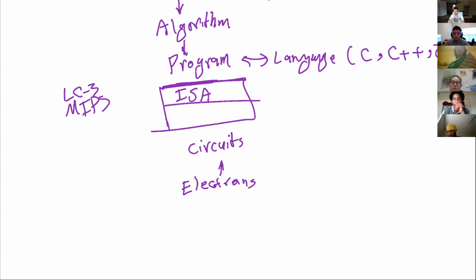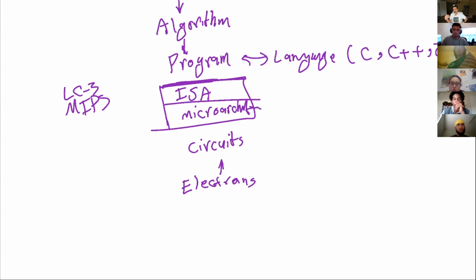And in order to make this happen, in order to connect these two worlds together, we need another piece, which we will talk about in the second half of this course, the microarchitecture. Okay, and the microarchitecture is basically the way you implement the ISA, the way you implement this contract.